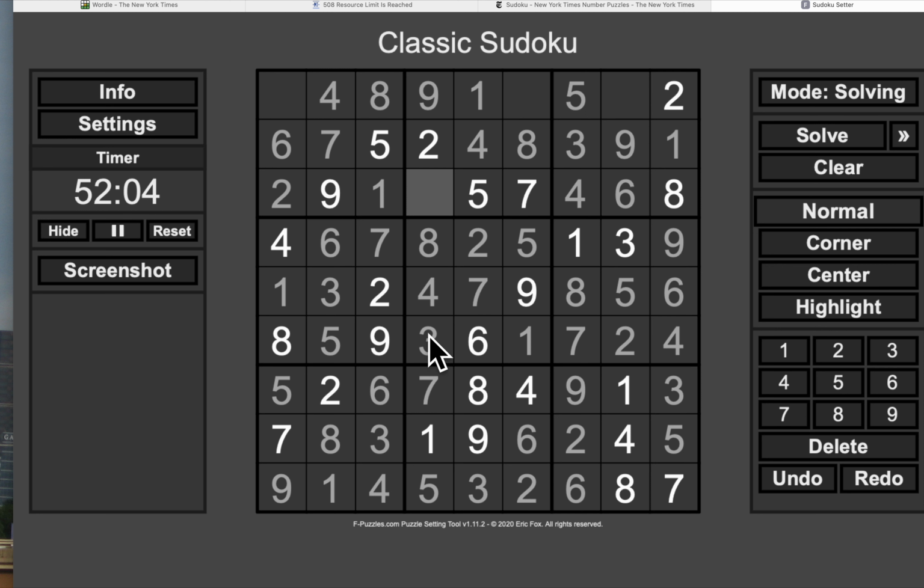I still have a repeated 3, this time down here. Okay, assuming the rest of this column is right, that's a 7.